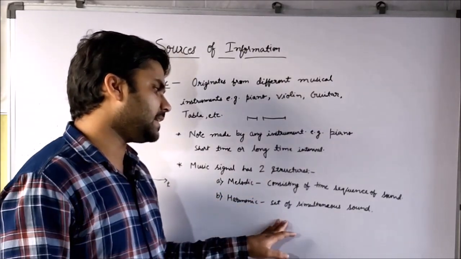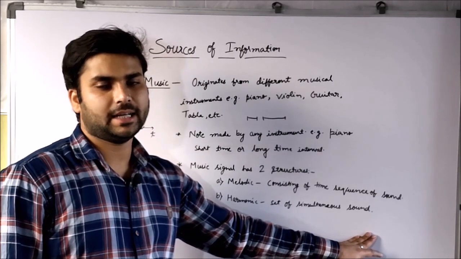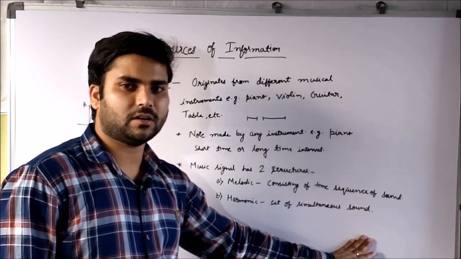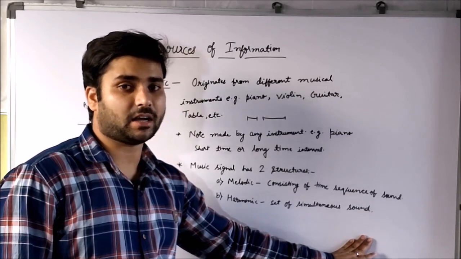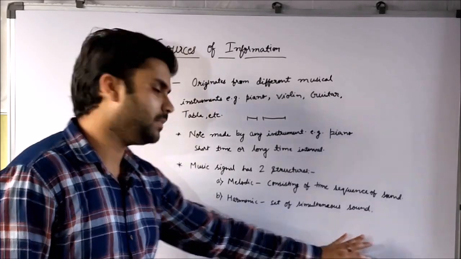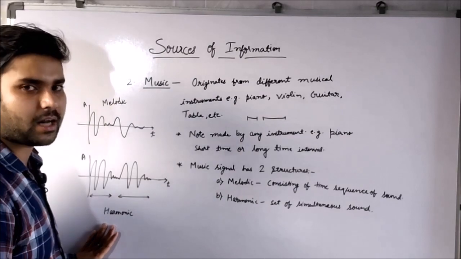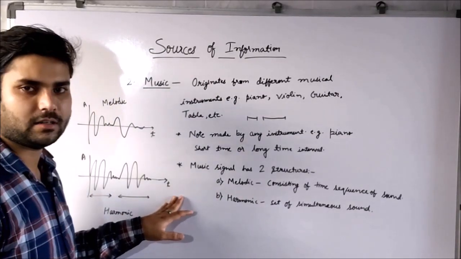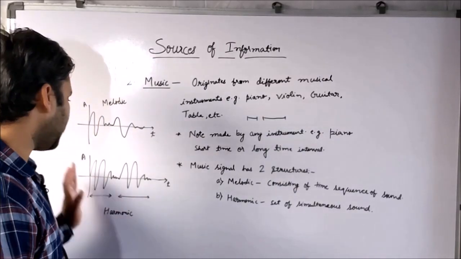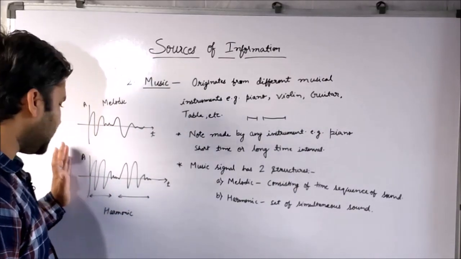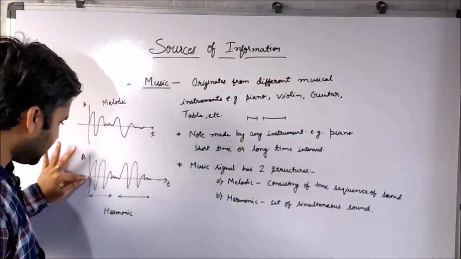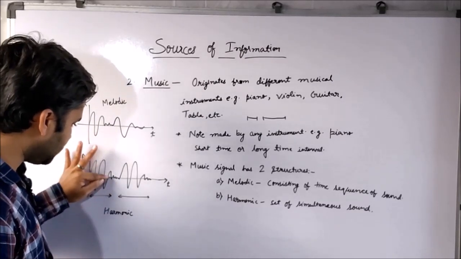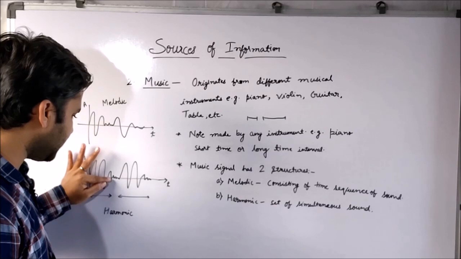The other one is harmonic. What is this? It is a set of simultaneous sound. For example, the same type of sound is repeated after a certain interval of time, as can be seen in this graph. The x-axis is considered as the time axis and the y-axis as the amplitude. It can be seen here that this signal starting from 0 makes 2 complete waves, 3 complete waves.